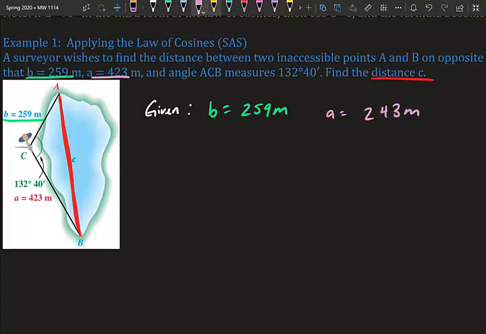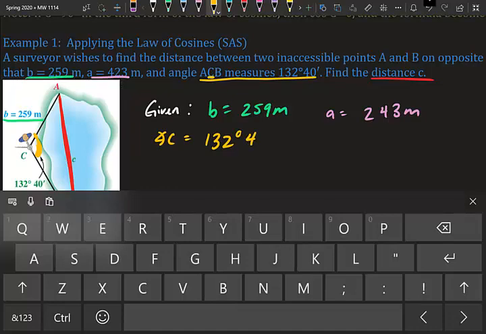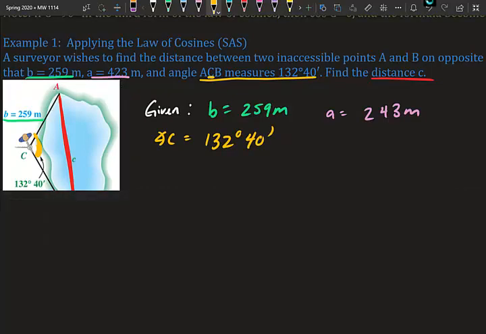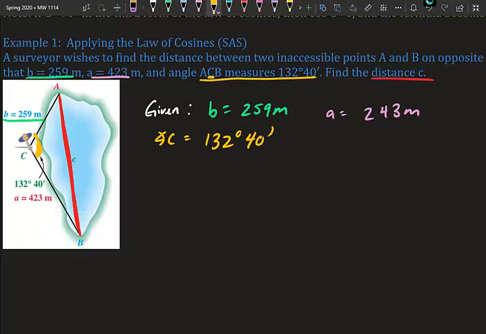And we're given an angle ACB, so we're actually given angle C. It's always in the middle. So angle C, which is 132 degrees, 40 minutes. So we're given two sides and an angle.